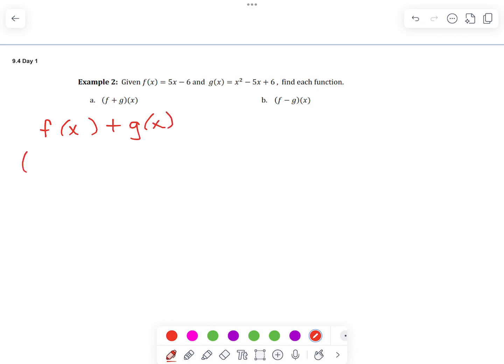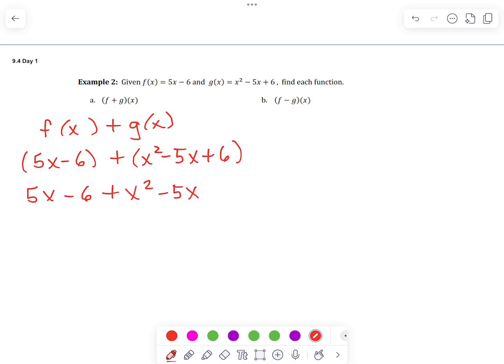So f of x is our linear, g of x is our quadratic. We're going to go ahead and drop the parentheses, and now put it into standard form.